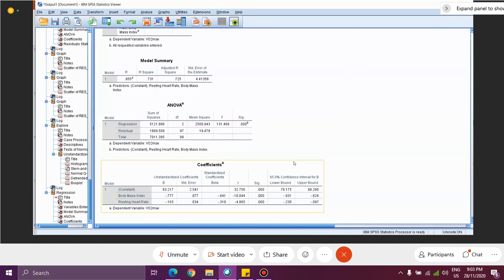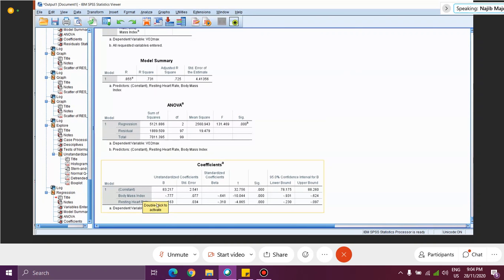Another thing to note is that the interpretation I mentioned just now is based on the unstandardized beta, the unstandardized coefficient. In the unstandardized coefficient, the interpretation is how much the dependent variable changes for a 1 unit increase in the independent variable.